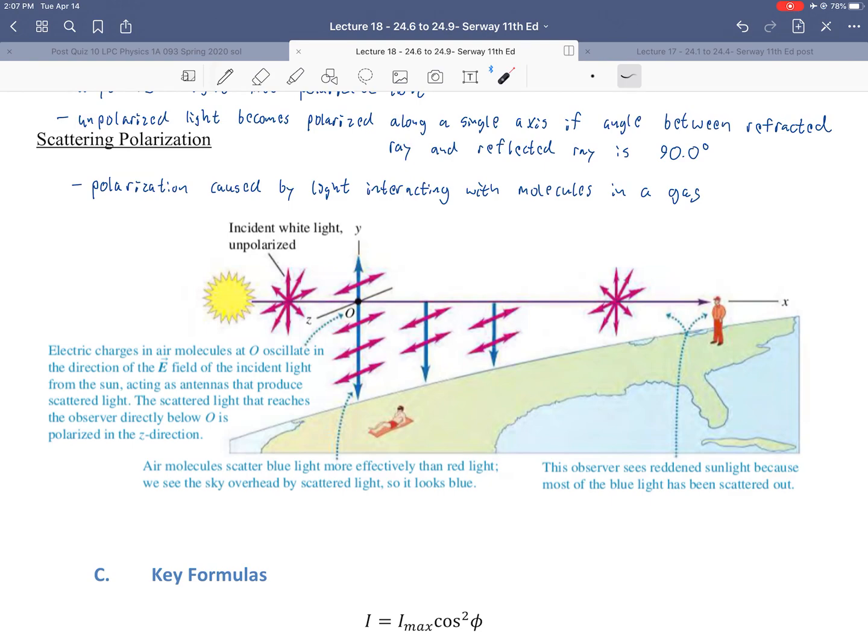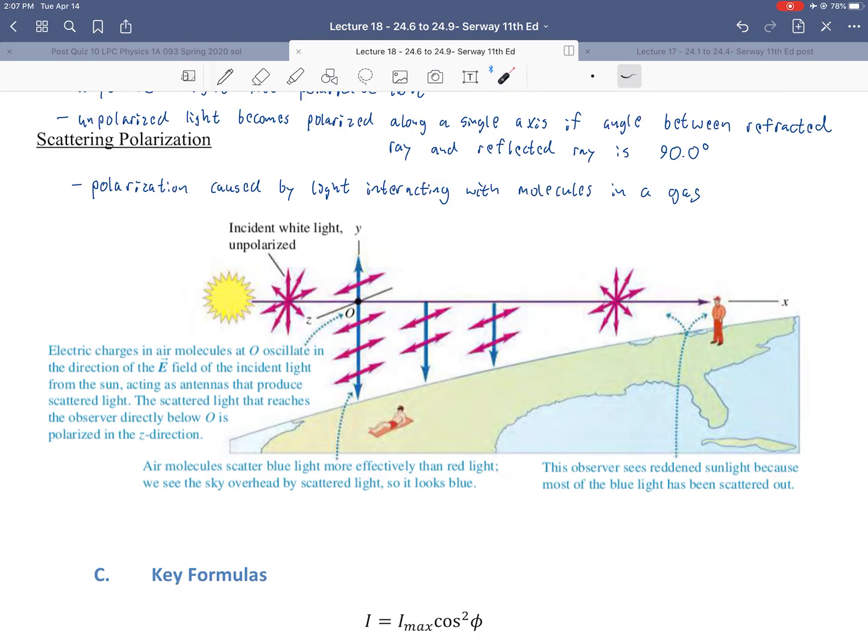Okay? So the molecules are going to oscillate in the direction of the electric field, all right? The unpolarized light has electric fields in all directions, but we're going to have an oscillation that is only going to produce itself a new form of light, because it is then acting as an antenna.